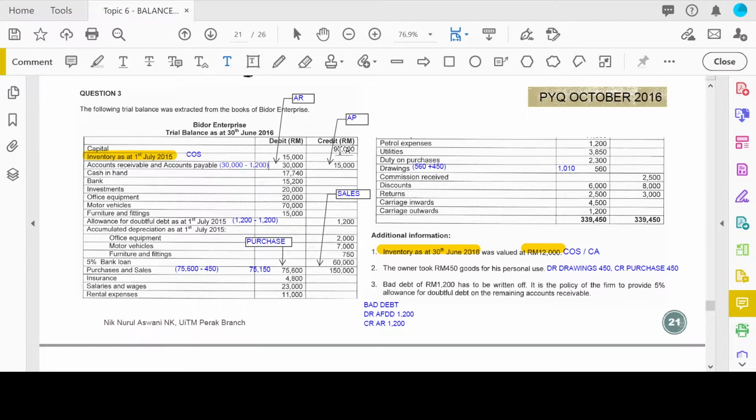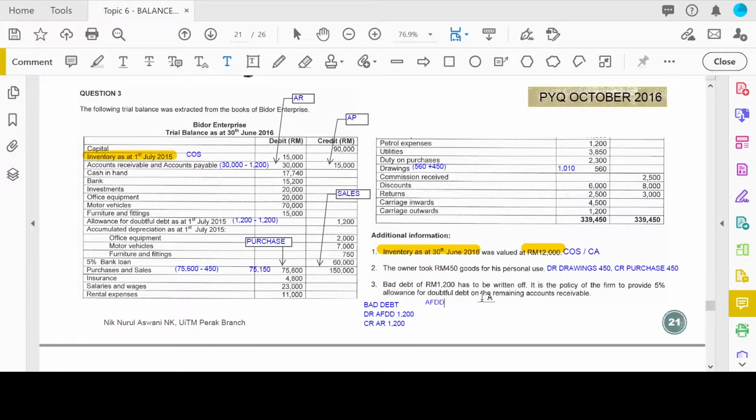It is the policy of the firm to provide 5% allowance for doubtful debt on the remaining account receivable. Remaining account receivable means after we made the adjustment to account receivable, which is 30,000 minus 1,200. So we are going to calculate the allowance for doubtful debt at the end of the year.